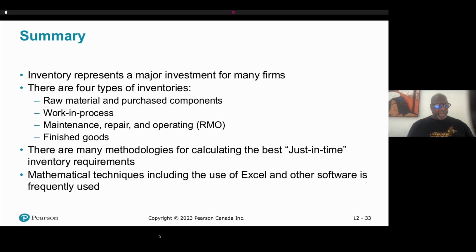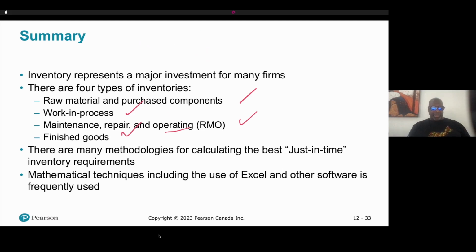So to summarize, inventory represents a major investment for many firms. There are 4 types of inventories: raw material and purchased components, work in process, maintenance, repair and operating items, and finished goods. There are many methodologies for calculating the best just-in-time inventory requirements.